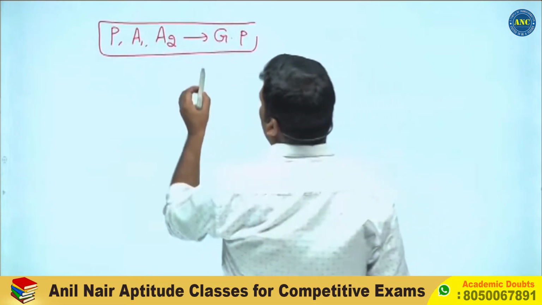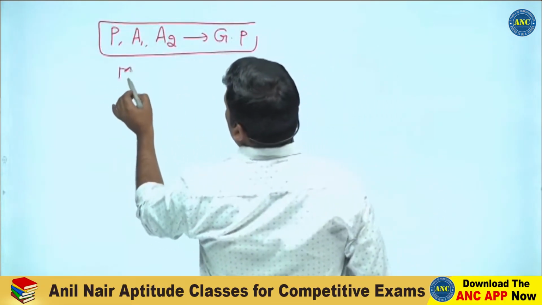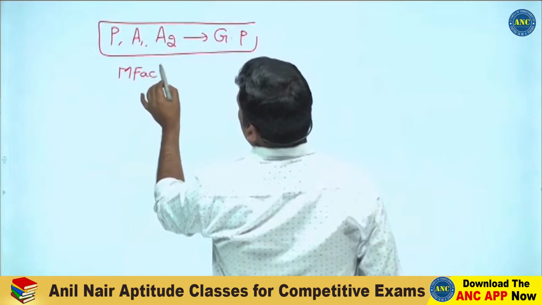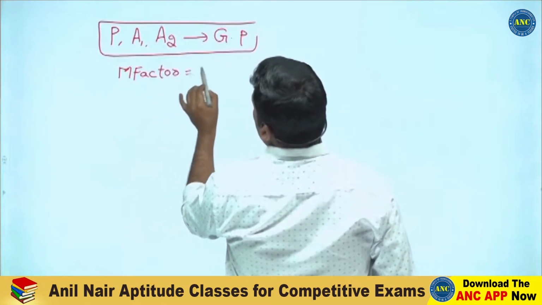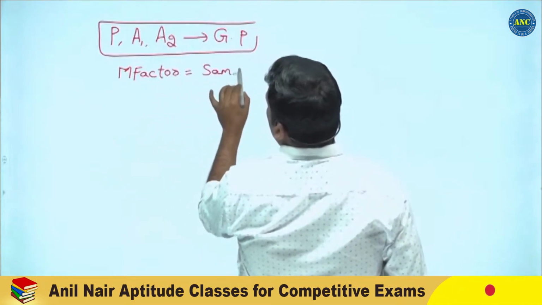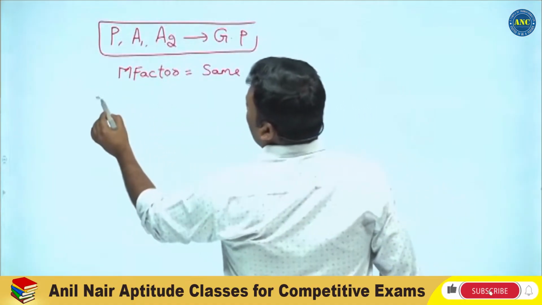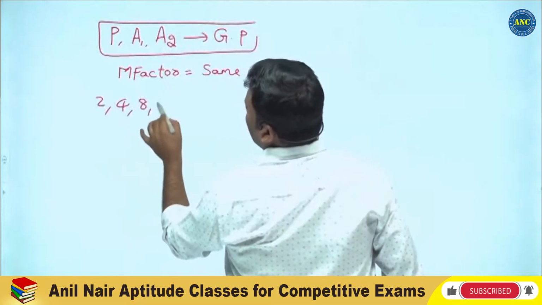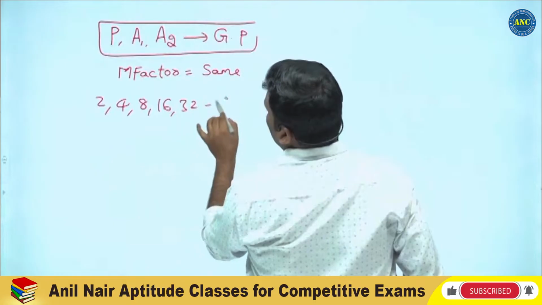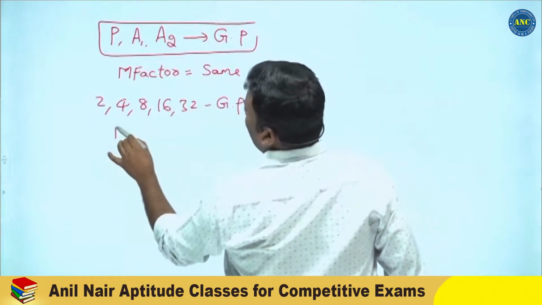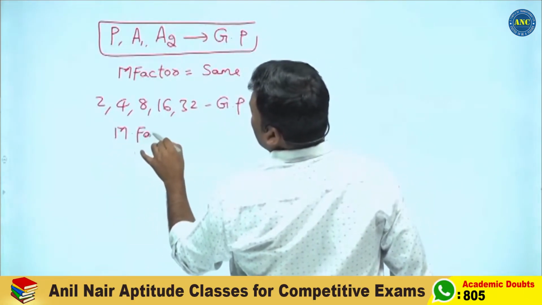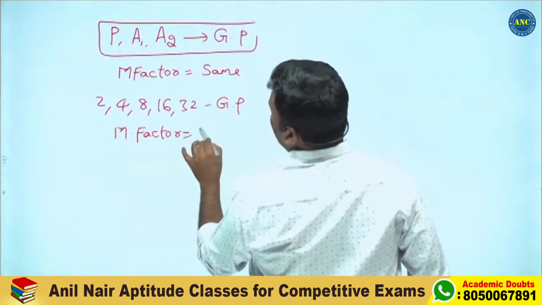In geometric progression, the multiplication factor will be the same. For example, 2, 4, 8, 16, 32 are in geometric progression. The multiplication factor is 2, which is the same.